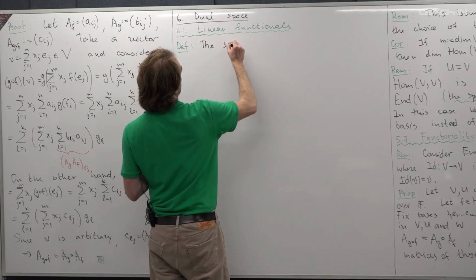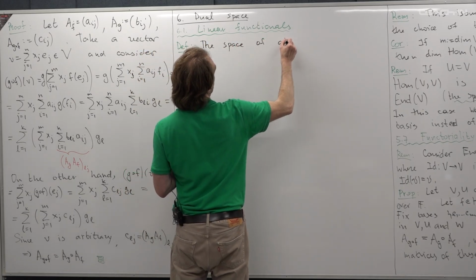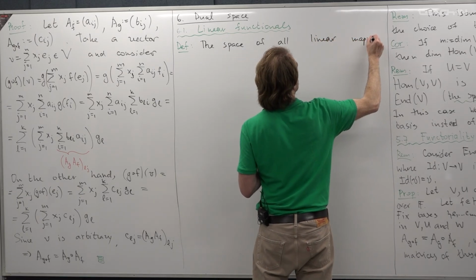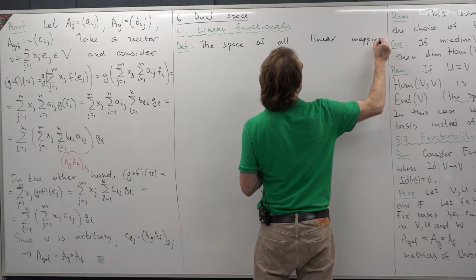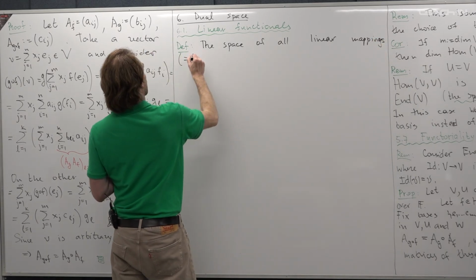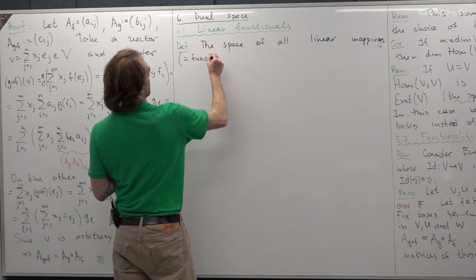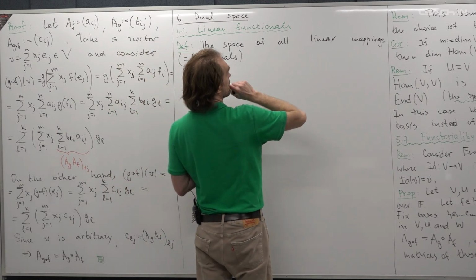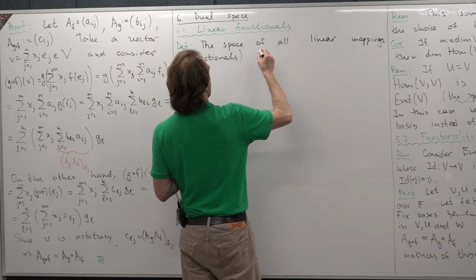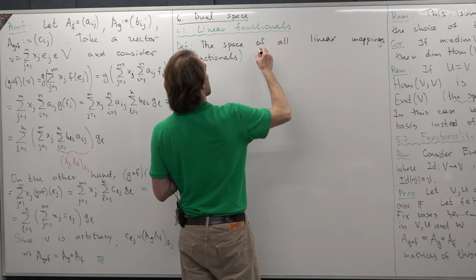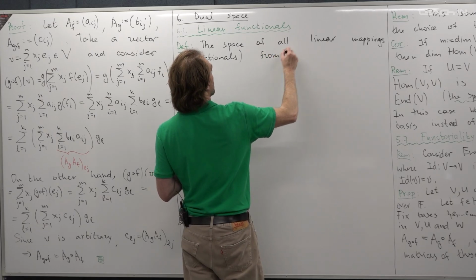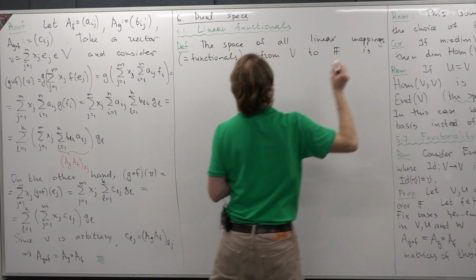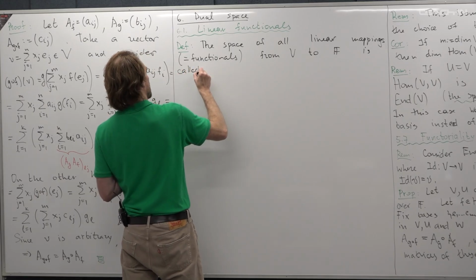The space of all linear functionals, as we already said, linear mappings from V to the field, is called the dual space.